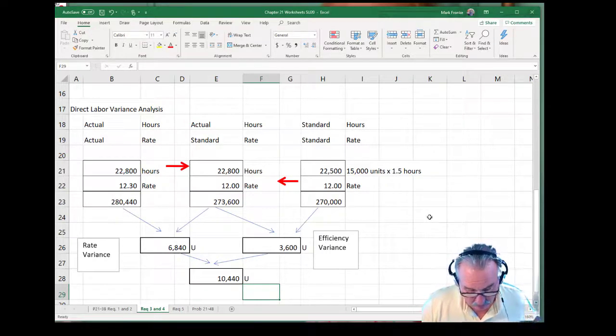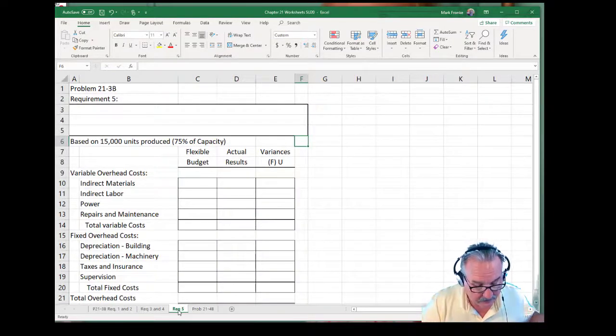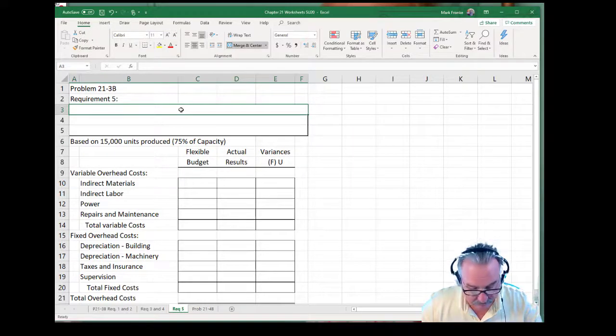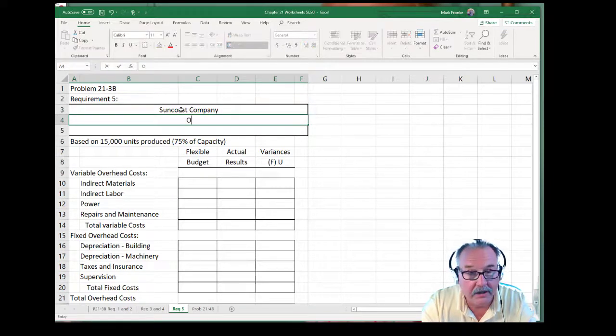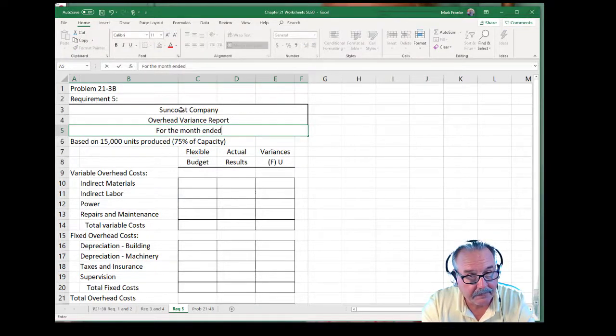So what we now can do is an overall overhead variance report. Again, Suncoast Company. This is an overhead variance report for the month ended December 31, 2019.